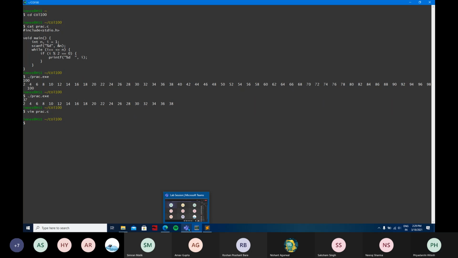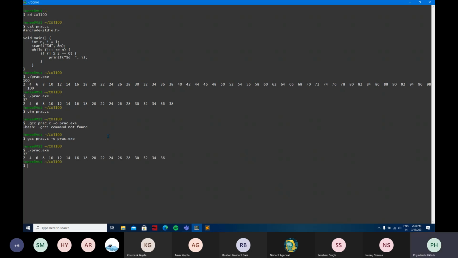Compile it first. Simple GCC, not .gc. Okay, fine.